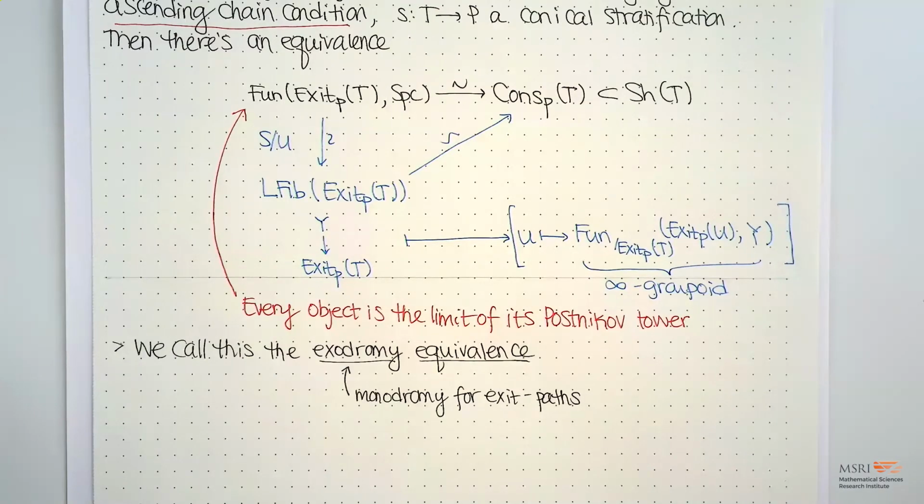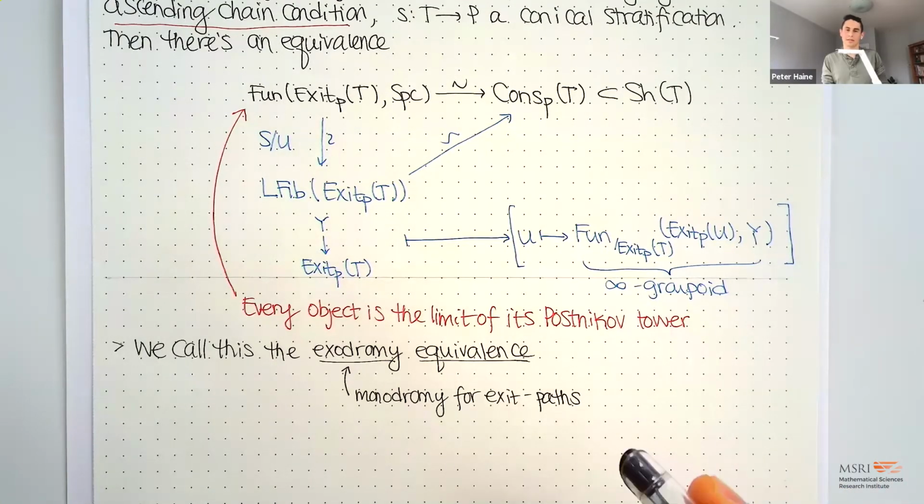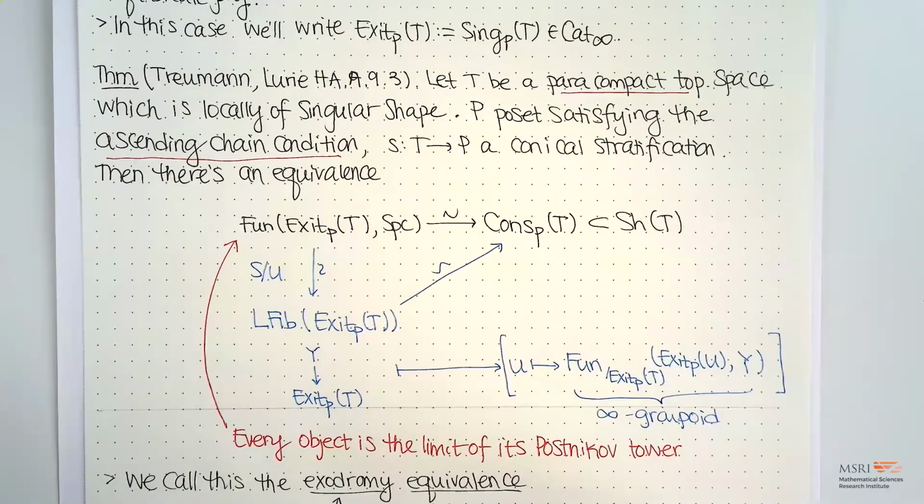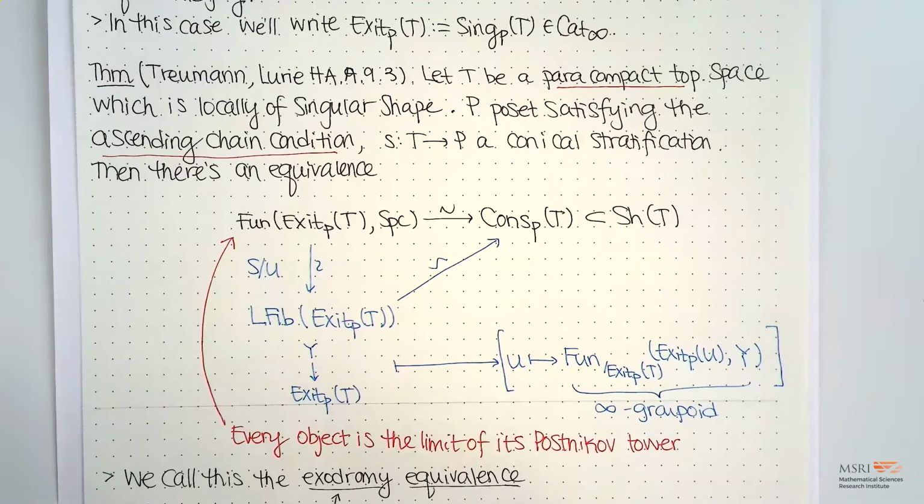You can find it's not an isofibration. Oh, not an iso, but left. And is U, by the way, automatically conically stratified if T is? Yeah, because it's a local condition. Okay, so that part's good. It is actually a quasi-category.